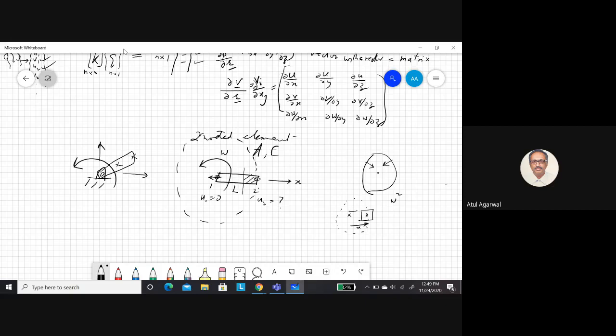If this distance is x and the total length is L, then this distance is L minus x.